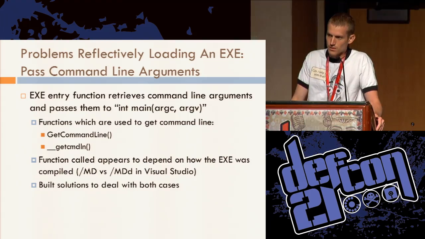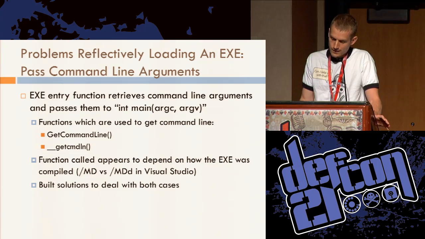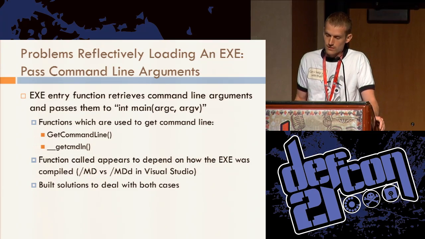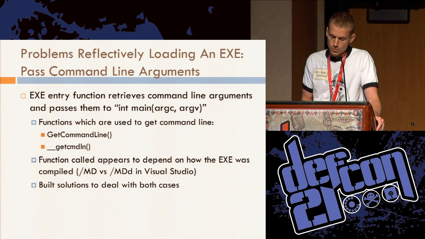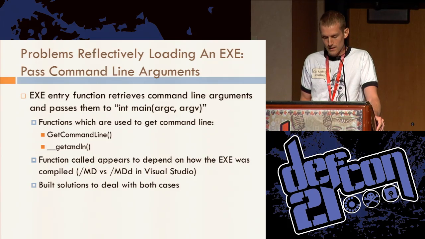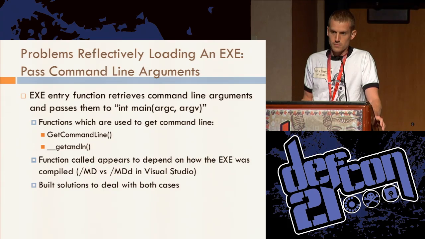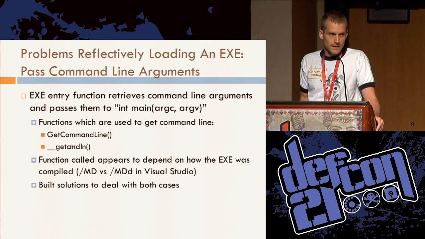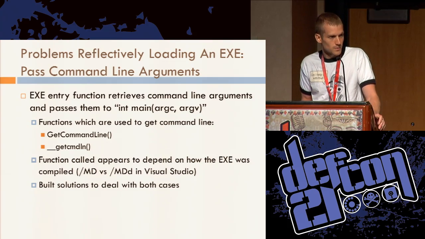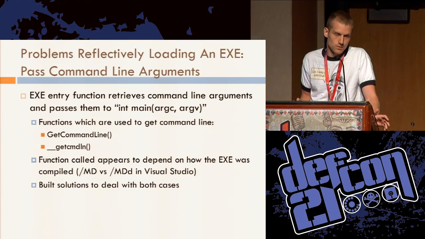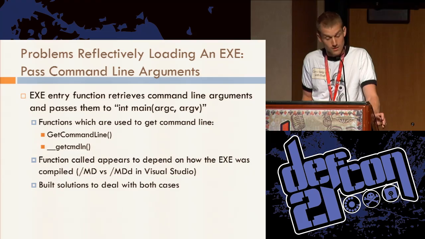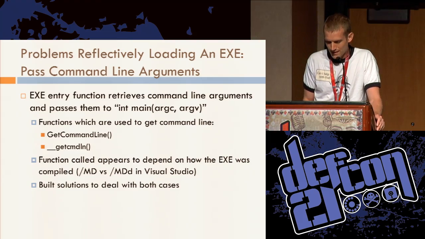But that doesn't actually work because the way that an exe normally retrieves its command line arguments is it makes a function call to GetCommandLine or __getmainargs. Those are provided by two different DLLs, and when those DLLs are initially loaded, they cache a copy of the command line arguments. So if you just overwrite the PEB, you didn't overwrite the cached copy that's in the DLLs, and so you're still just going to end up getting the command line arguments that PowerShell was started with, which is no good.